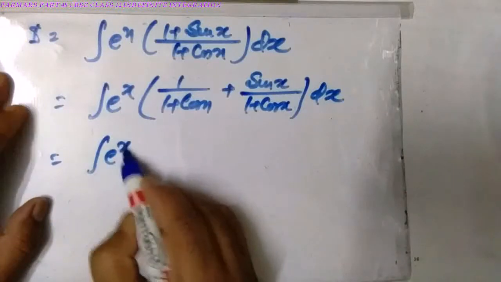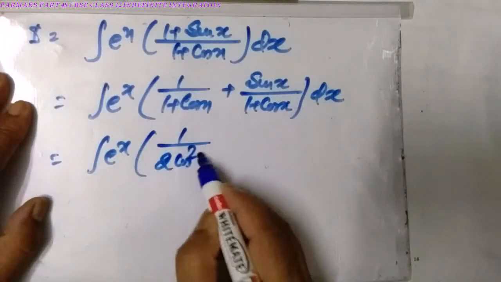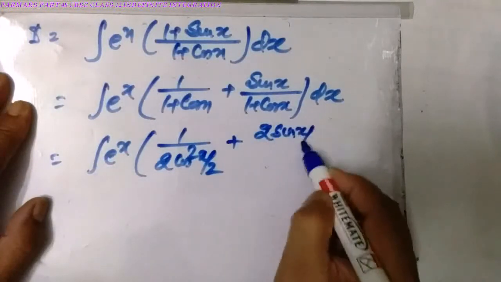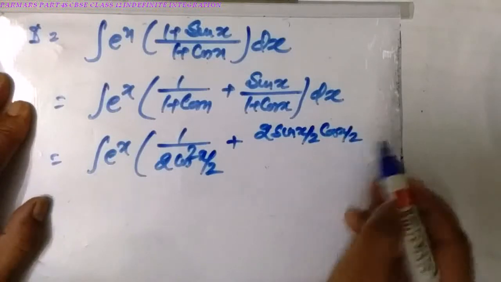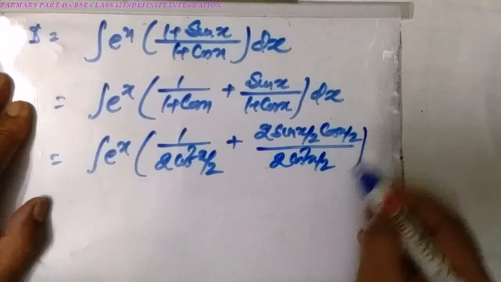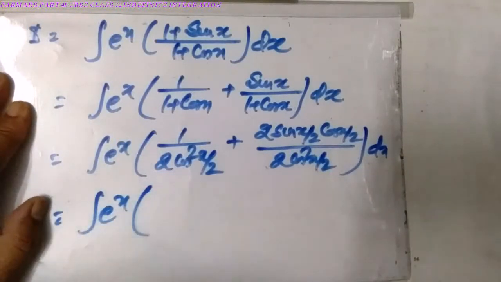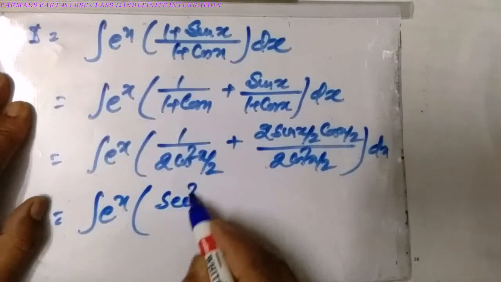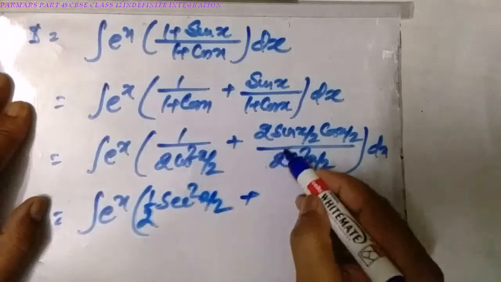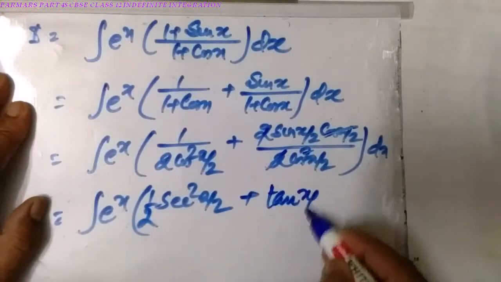You will find in the next step, 1 + cos x is 2 cos^2(x/2), sin x is 2 sin(x/2) cos(x/2), and again 1 + cos x is 2 cos^2(x/2). You can see here that I am going to take it as sec^2(x/2) into 1/2, and plus, 2 cancels, cos(x/2) cancels, so next is tan(x/2).